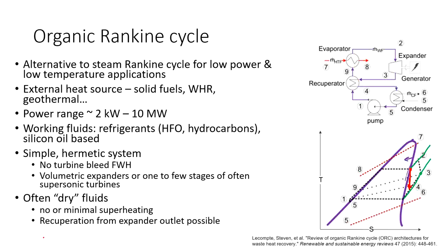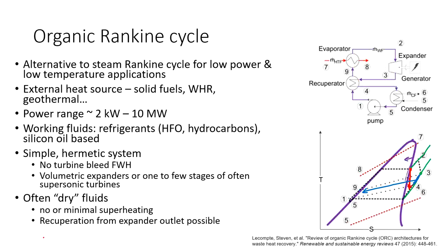So we can actually take some of the heat from here and transfer it to the working fluid after the pump, and therefore we do not need to use that much heat for the heat input. So the heat input, from being all the way between points 1 after the pump and 2, will be just the difference between points 9 and 2.